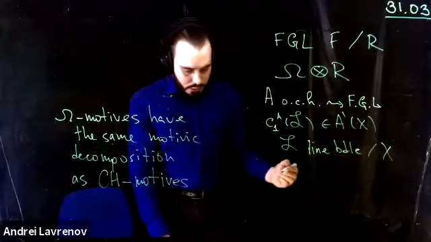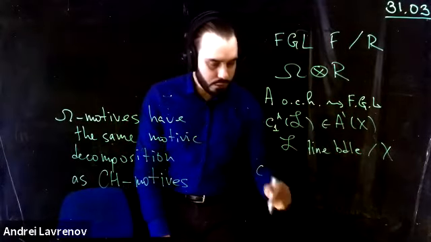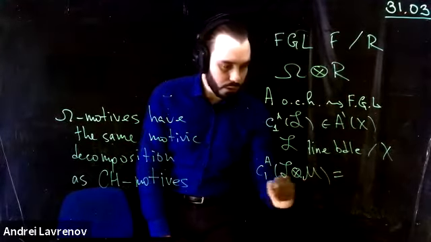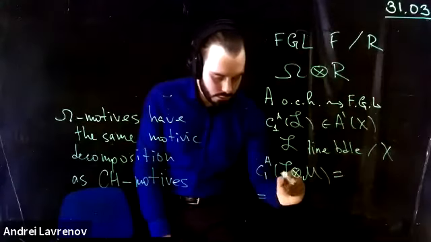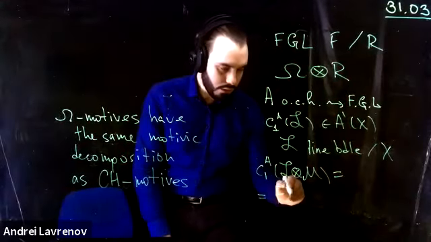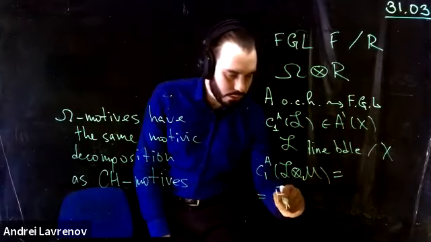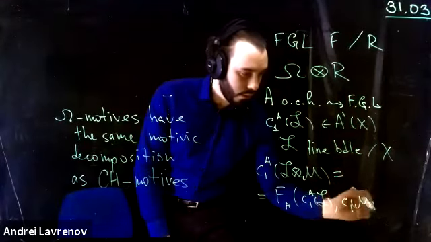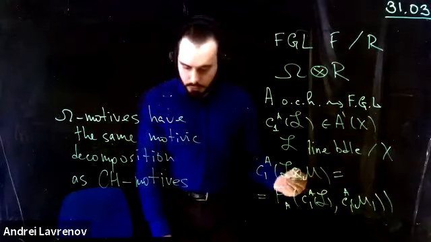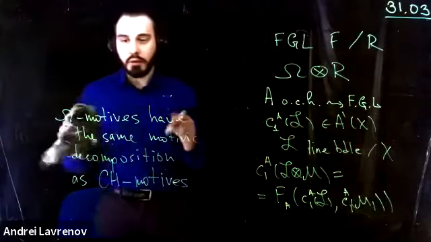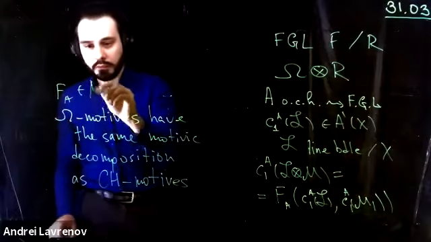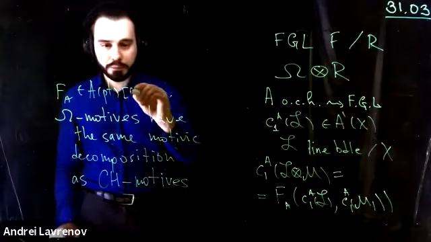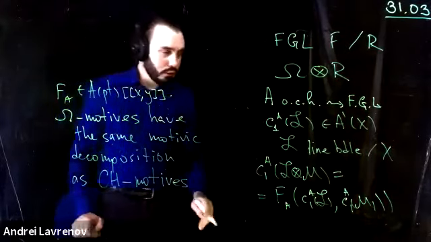If we compute a characteristic class of the tensor product of line bundles, then we will have some series F of the Chern classes of N and M. Here F is a series over the ring A of a point.